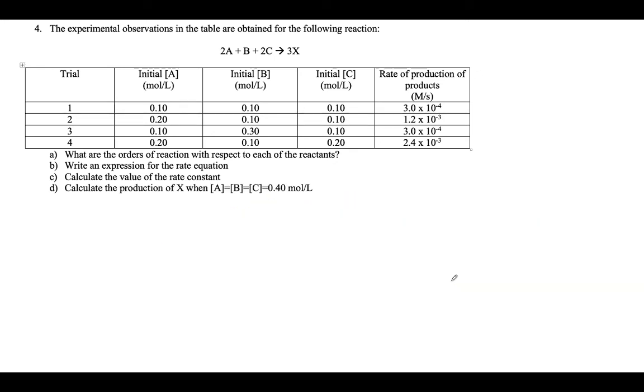All right, let's do question D. In this question, we're asked to find the value of R. It says calculate the production of X when the concentrations of A, B, and C are all 0.4 moles per liter. I'm going to first write out my rate law equation.